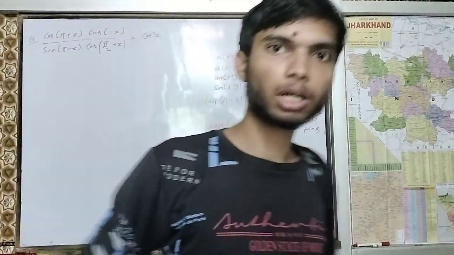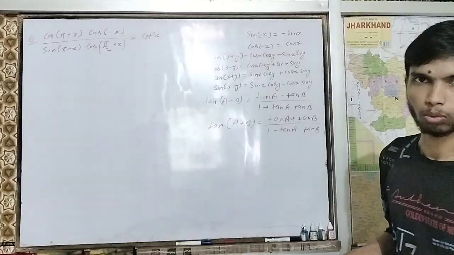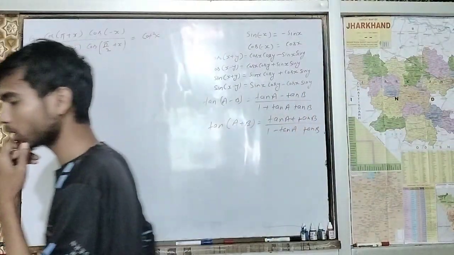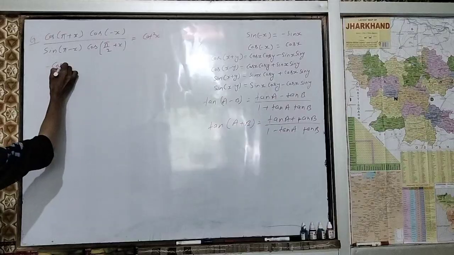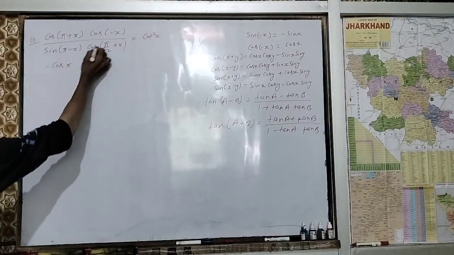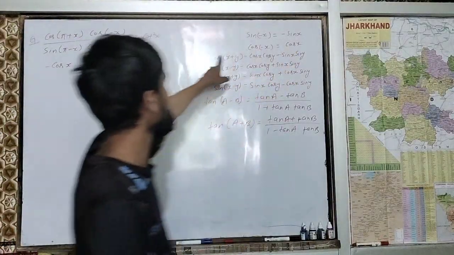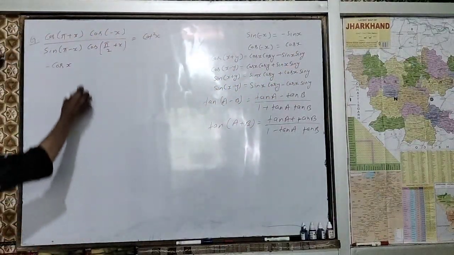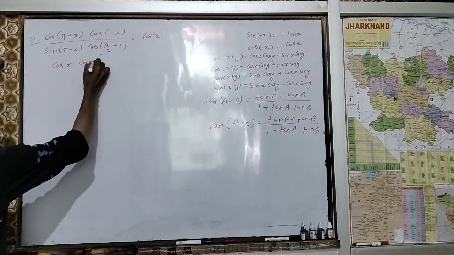It is coming in the third quadrant, and we know that in the third quadrant only tan and cot are positive. So it is negative, minus cos x. Then here we have this. It is equal to cos x. Cos of minus x is equal to cos x.